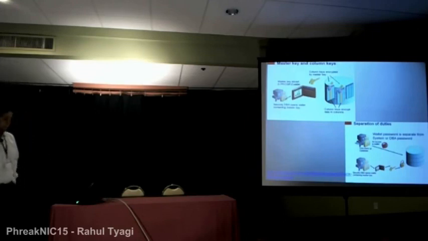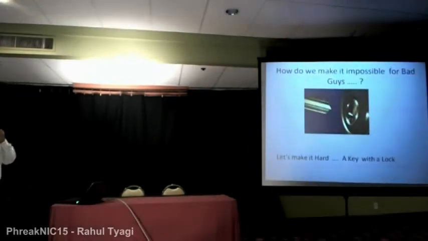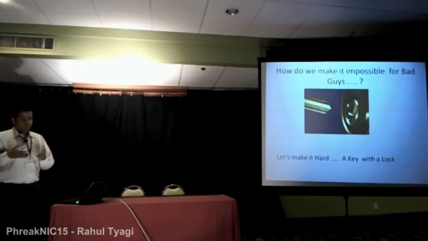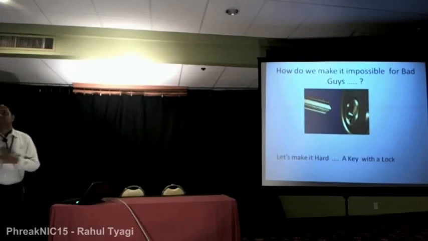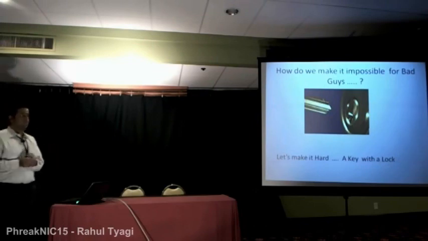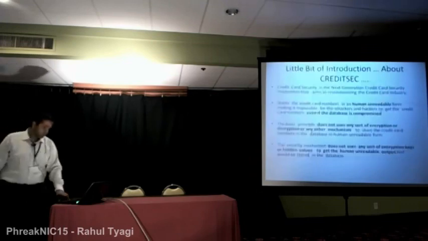So how do we make it impossible for the bad guys? The basic underlying principle is somewhat like a lock and a key. So even if someone gets the key to the lock and they get inside the house, all they would see is useless data or human unreadable data, which they cannot use to their convenience.